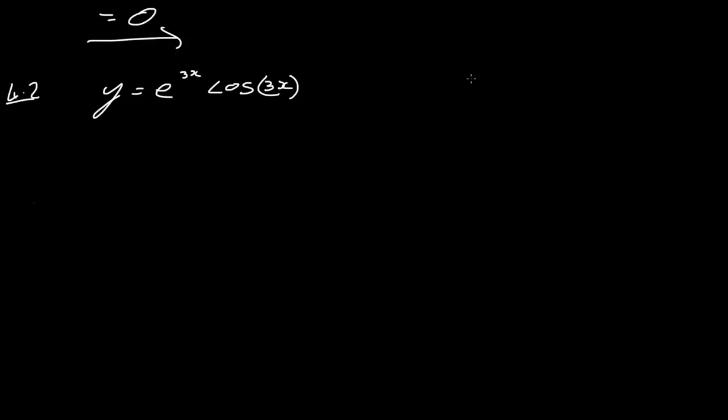So we know that the product rule is d by dx of uv, I'm just trying to write it in your notation, so please forgive me if it's wrong, equals du by dx times v plus dv by dx times u.